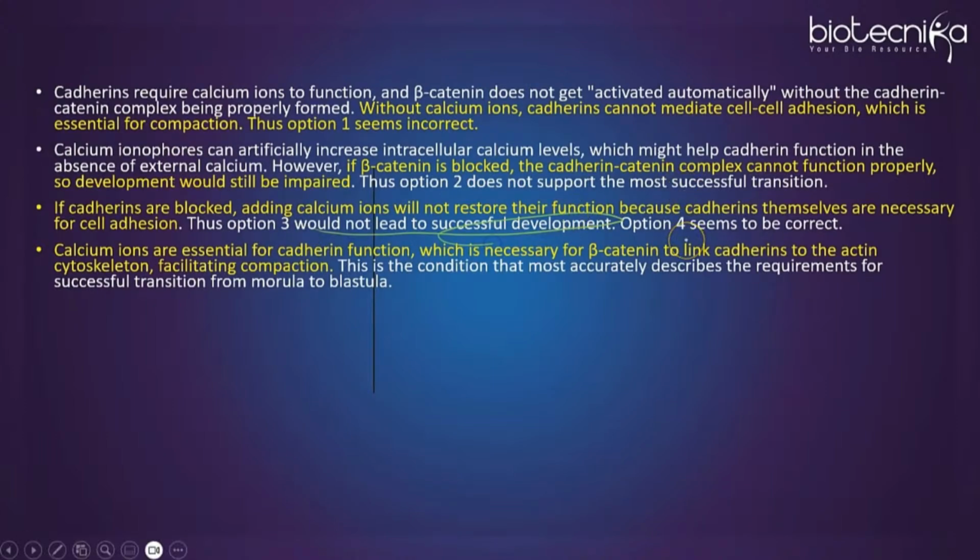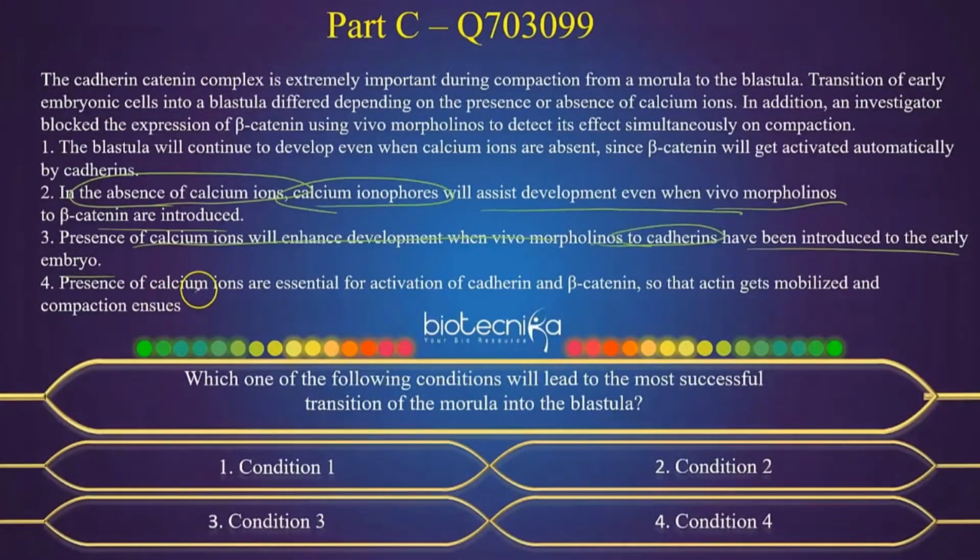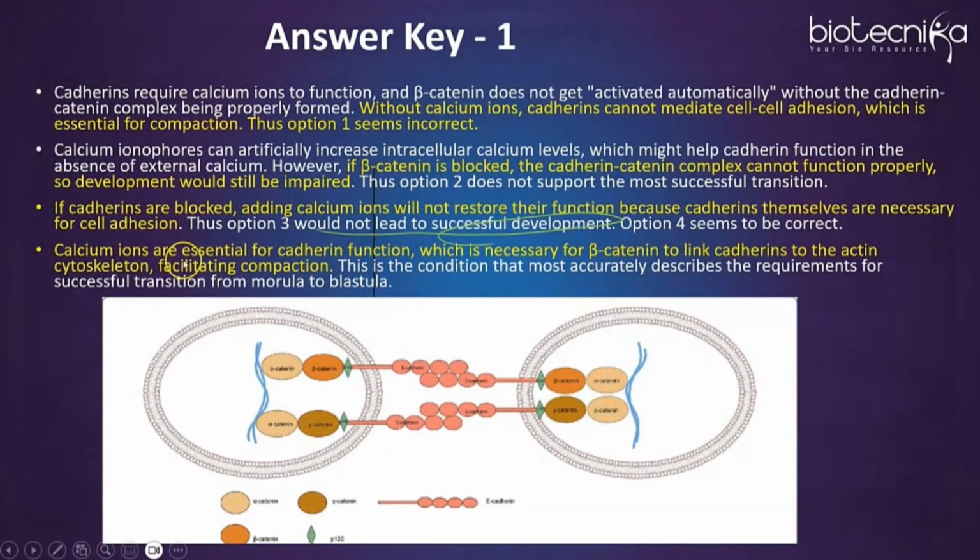However, option 4 seems to be correct, because the presence of calcium ions is essential for activation of cadherin and also beta-catenin, so that actin gets mobilized and compaction will continue. This makes sense, because calcium ions are essential for cadherin function, which is necessary for beta-catenin to link cadherins to the actin cytoskeleton, facilitating compaction. This is the condition that most accurately describes the requirements for successful transition from morula to blastula.